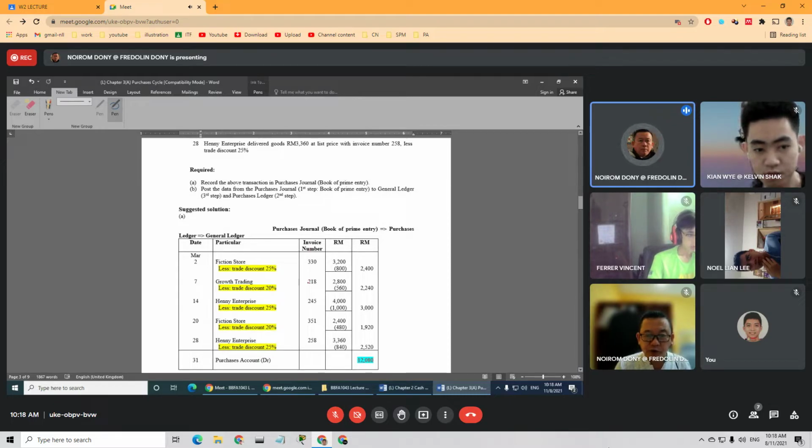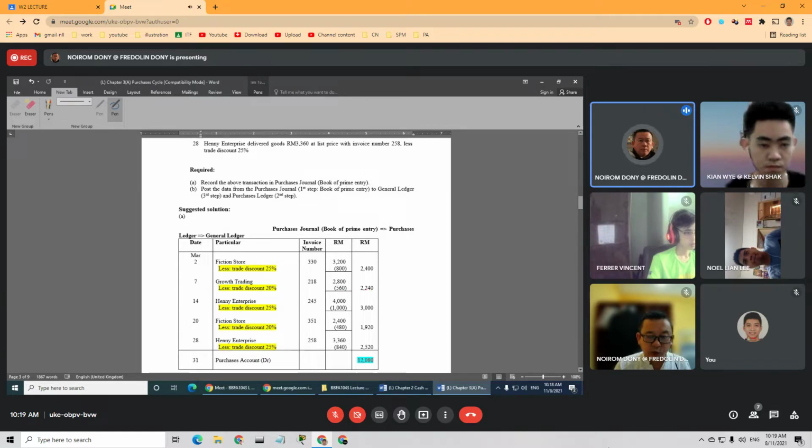Put the invoice number 218. The gross amount is 2,800. So 20% converts into a normal number: 20 divided by 100 is equivalent to 0.2, isn't it? 0.2 times 2,800 is 560. So minus, then we get 2,240.